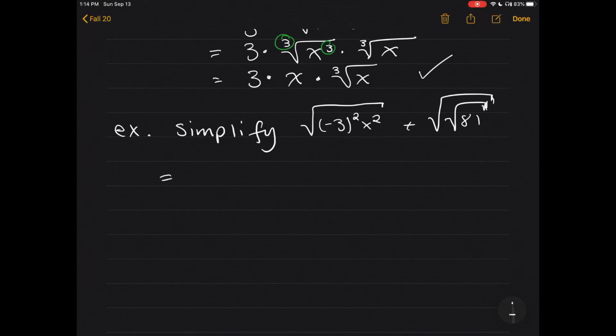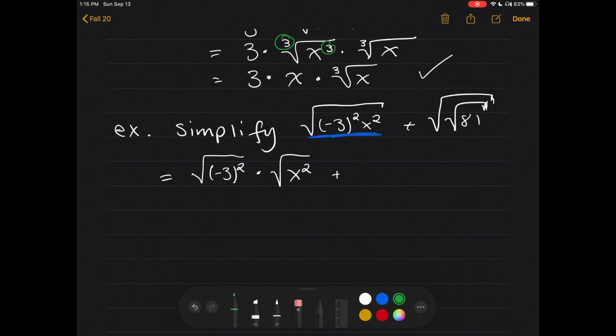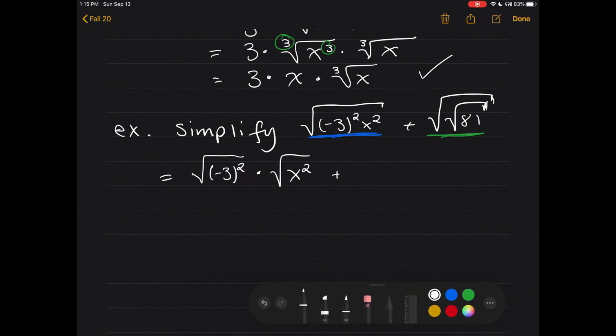So how are we going to do this? Well, let's do the same thing. Let's go ahead and split this up first. So this becomes the root of -3 squared, times the root of x squared, plus, and for this thing here, let's use that nested property.